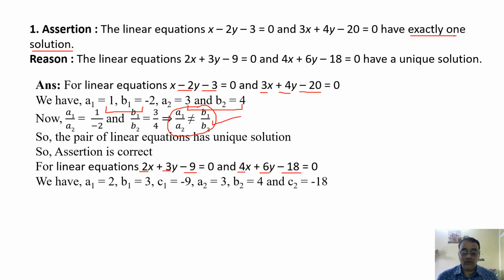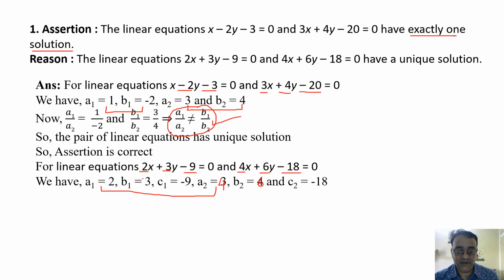Now we are going to check the ratio. एक छोटा सा मिस्टेक हो गया. So a1 upon a2 is 2 by 4, so 2 by 4 means 1 by 2, correct?